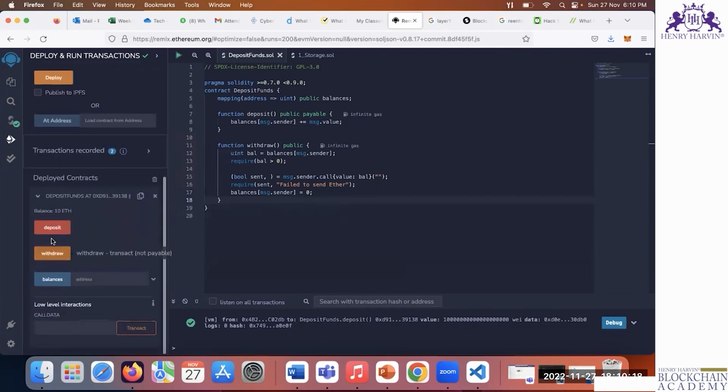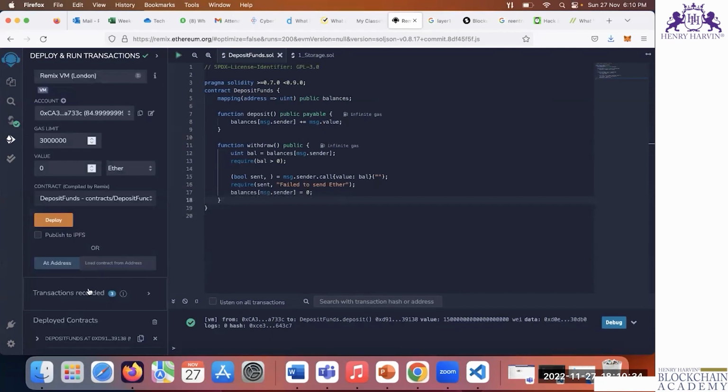So currently this smart contract holds 25 Ethereum, because so many members of the public are depositing the amount over here, something like a bank.